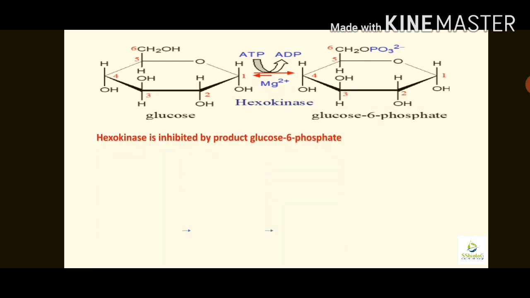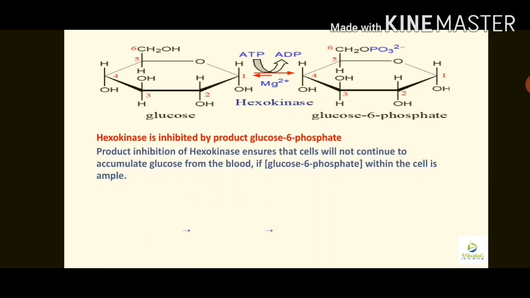Hexokinase is inhibited by its own product, that is glucose 6-phosphate. Product inhibition of hexokinase ensures that the cell will not continue to accumulate glucose from the blood if glucose 6-phosphate within the cell is ample.